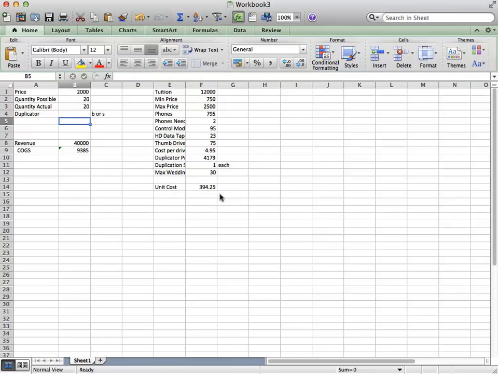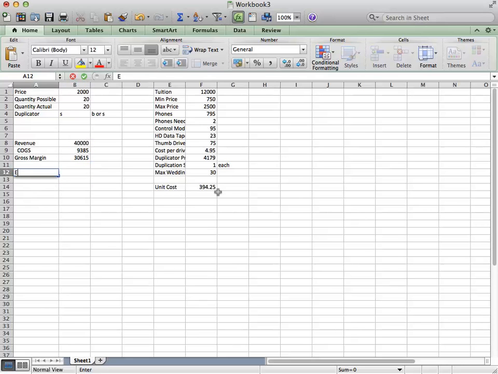So 7,800 in this case if we buy, 93.85 if we use the service and we have to pay for each one of the copies. Either way, our gross margin is equal to our revenue minus our cost of goods sold.